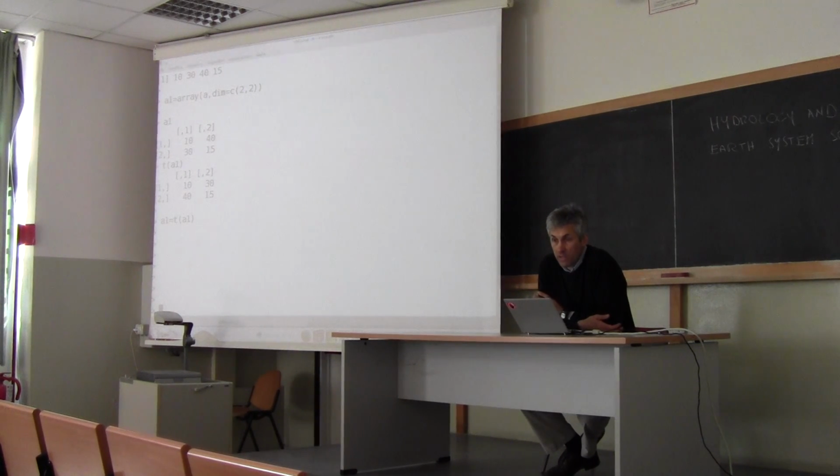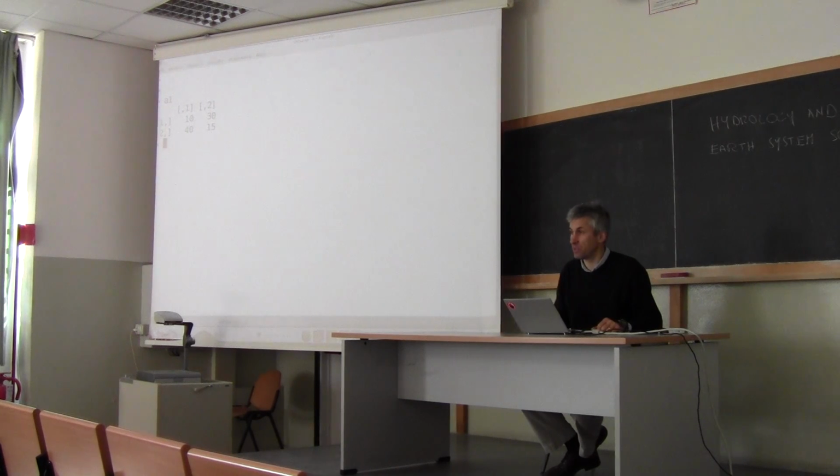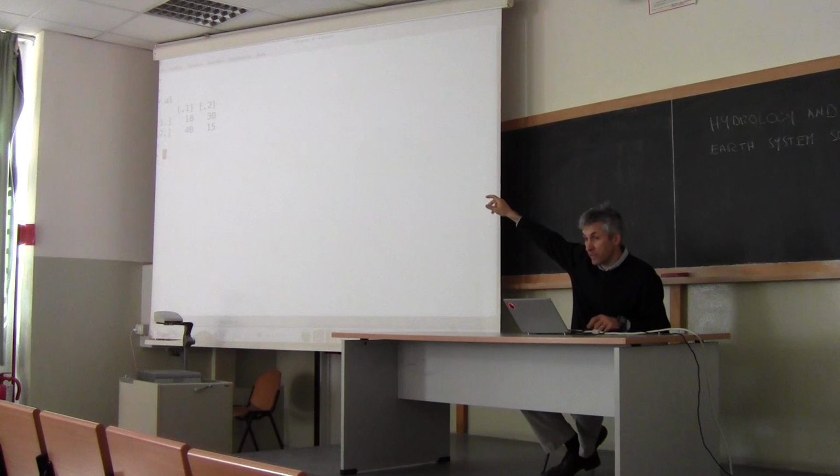I'm sure there is a way to get the right matrix with only one instruction. So now, if I write A1 again, I have the matrix in the form that I wanted to get. And you see the indexes of the matrix in the first column and in the first row, in the headers.